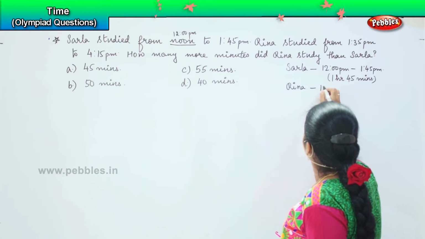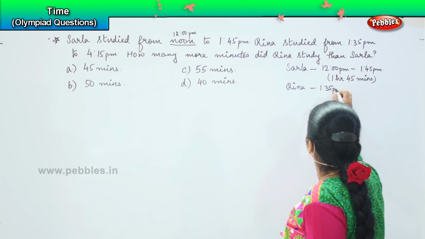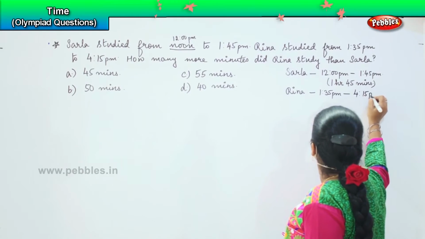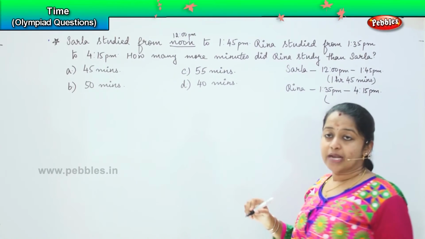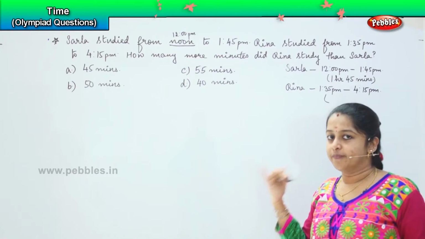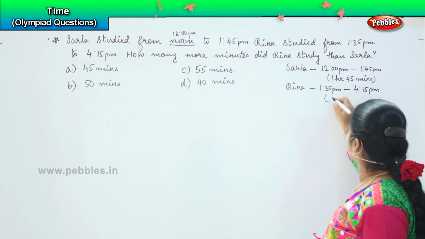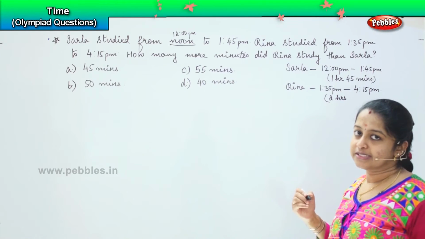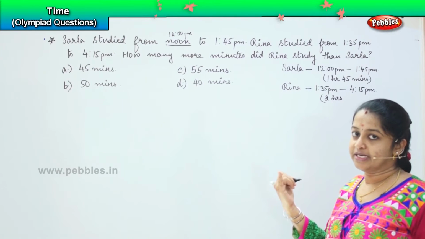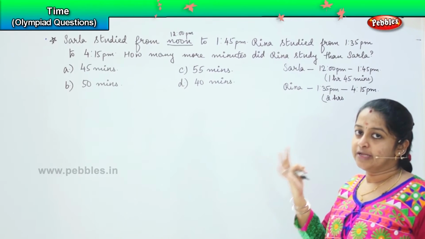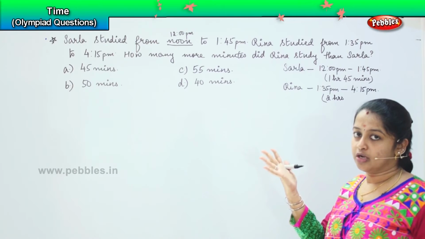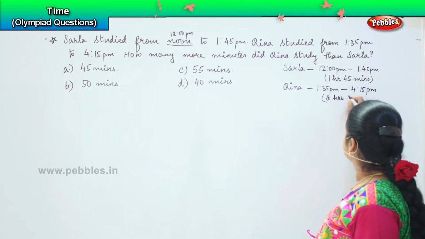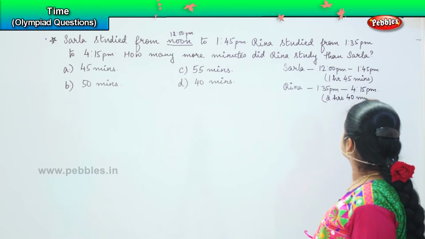Reena started studying from 1:35 p.m. and she finished her study at 4:15 p.m. Okay, so let's calculate from 1:35, 2:35, 3:35, which makes 2 hours, right? And from 35 till 15, so what is the time? So 35 to 45 minutes, 45, 50, 55, then 4 o'clock, 4:05, 4:10, and 4:15. So which means that she has studied 2 hours and 40 minutes.